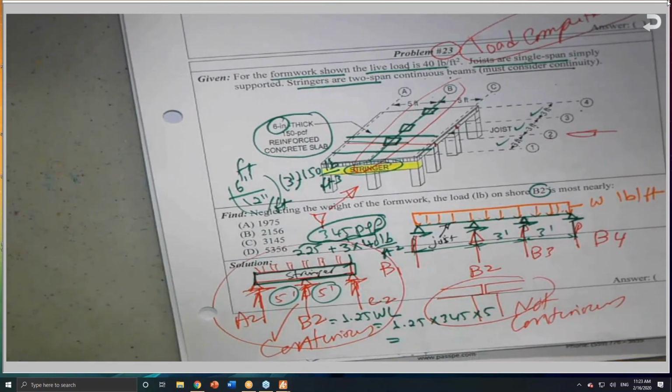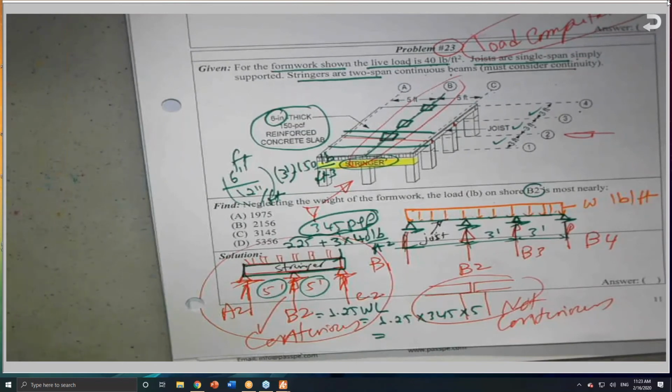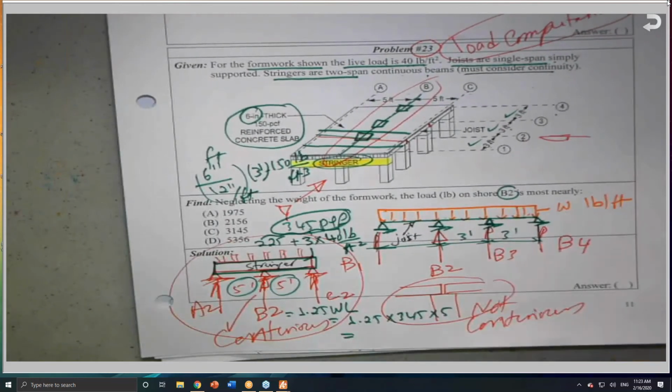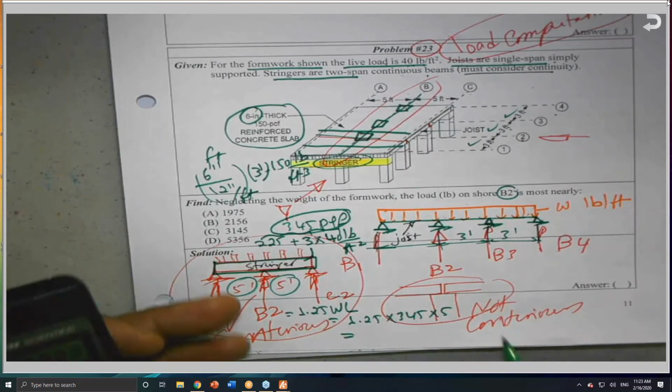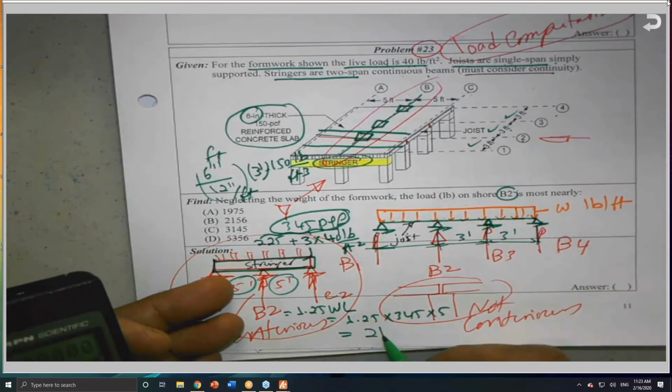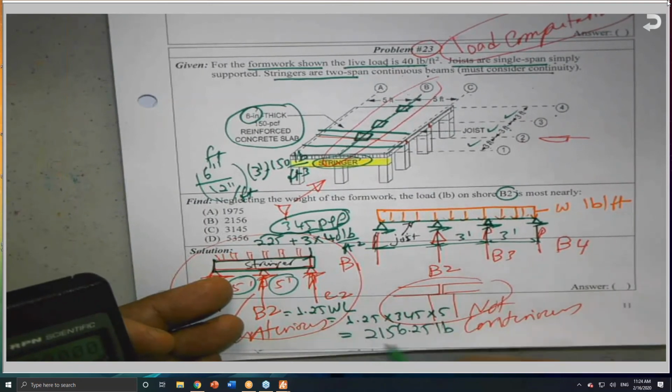Hopefully this will give us a number to match any answer unless I made a mistake. Anybody catch my mistakes? 5 times 1.25 times 345 is 2,156.25 pounds.